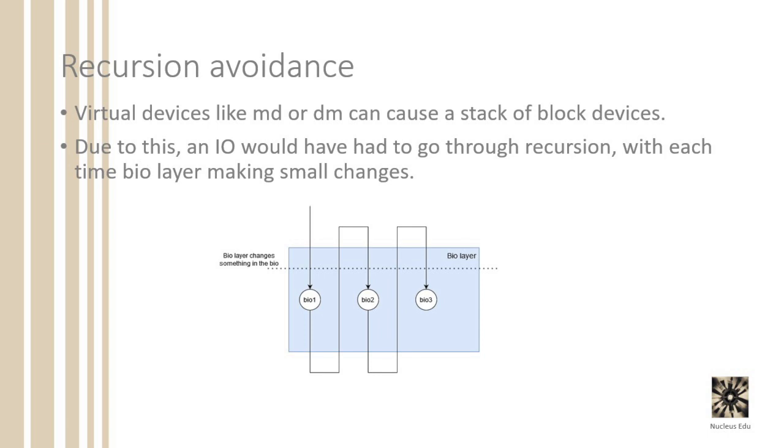Here in this diagram, bio 1 and bio 2 are not different bios but are the same bio that has been changed a little bit because of the small change made when it enters the bio layer of the next stacked block device. First it enters as bio 1, then it enters the bio layer of the second stacked block device, and a little bit of change is made and it changes to bio 2.